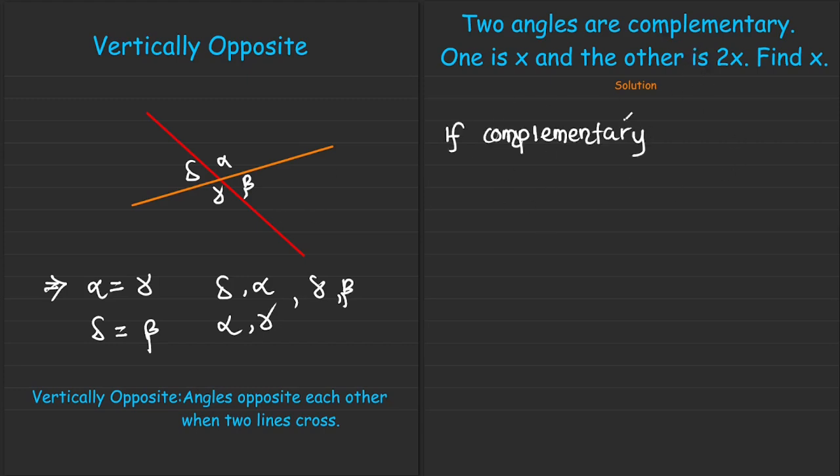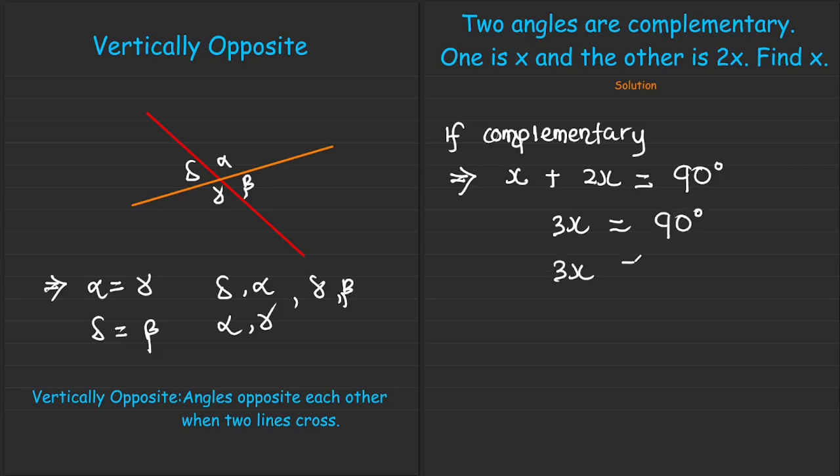So we start by saying if complementary, then it simply implies that the two angles, that is x plus 2x, the sum of these two angles should be equal to 90 degrees. Now it has become an algebra problem. So x plus x gives us 3x. We have our 3x being equal to 90 degrees.